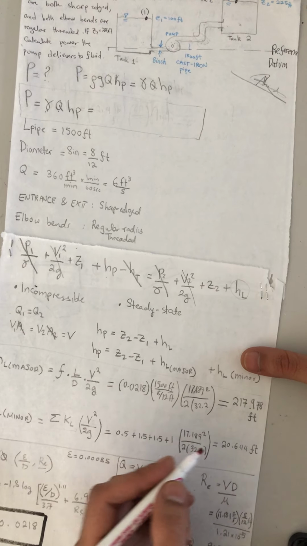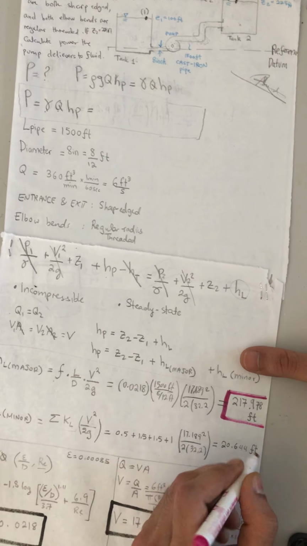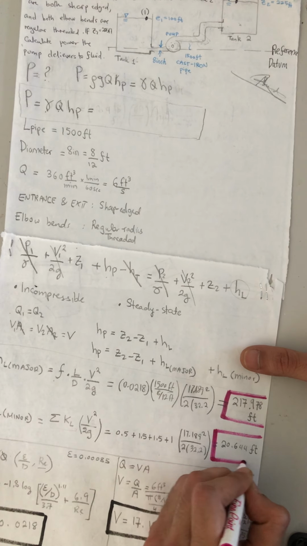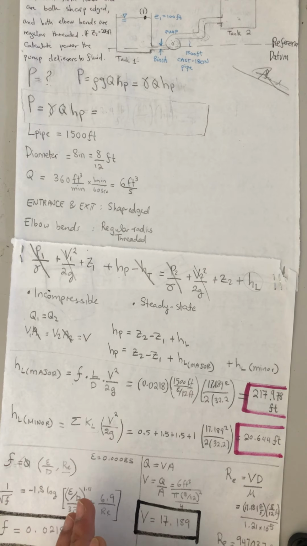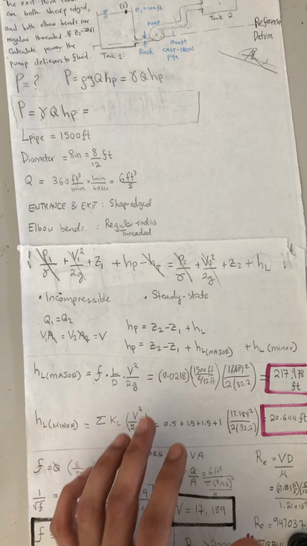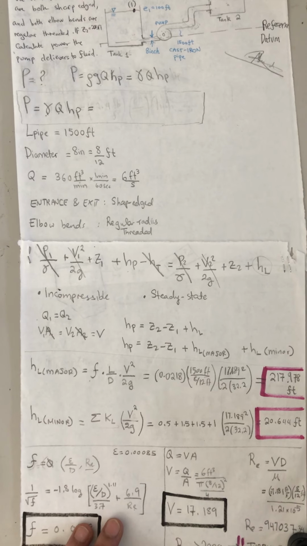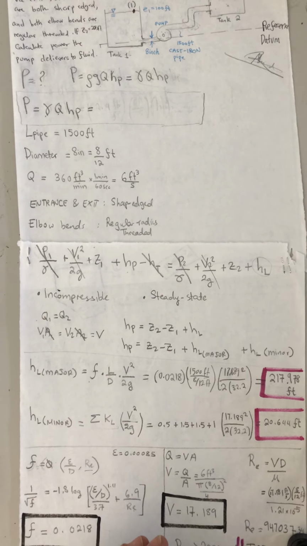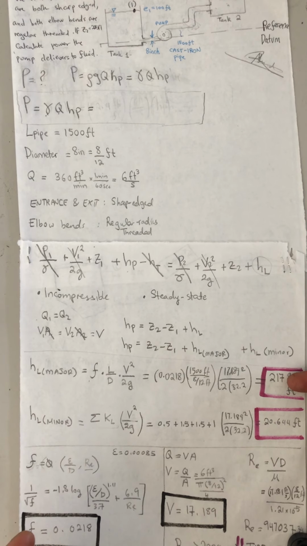The major head loss and minor head loss are very important values, since they are the energy lost in our system. We know that energy in equals energy out, and we know that this is our head losses.